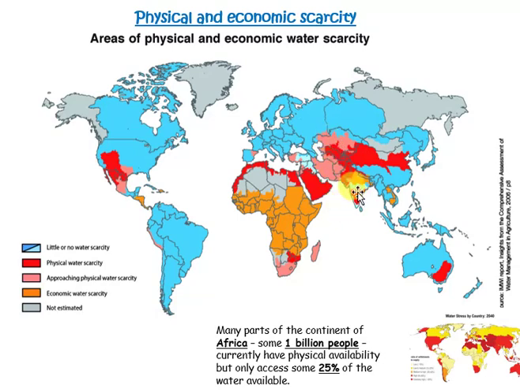Parts of India, if the monsoon arrives late, that can provide a physical scarcity. Because you think of India as a country that's really humid and rainy. Well, yes it is, but that's only 4 months of the year when the monsoon arrives. If it doesn't arrive or it arrives late, then physical scarcity can take place in India. And then this region in Australia, like I say, away from the coastline.